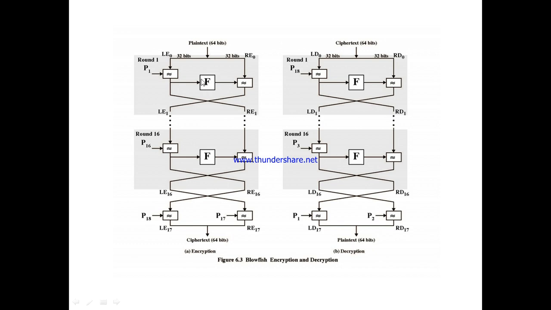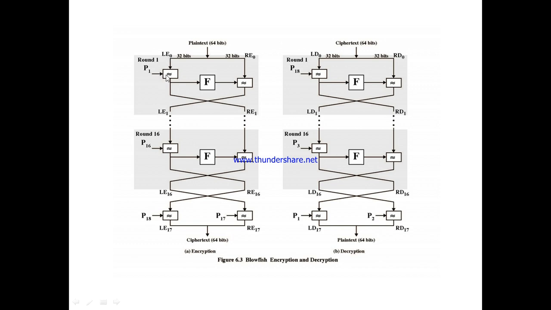Clear? So here the substitution operation will be performed. How, I will show you in the next slide. The substitution will be performed and the resultant will be XORed with RE0. So the right half is XORed with this output, and the resultant is taken as the left half for the next round. So what is happening?